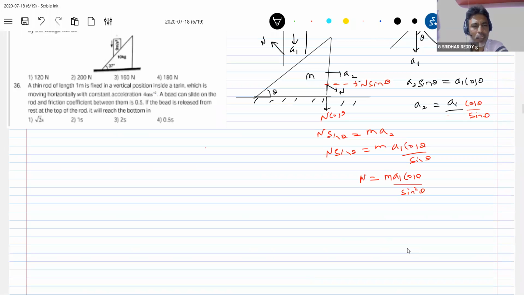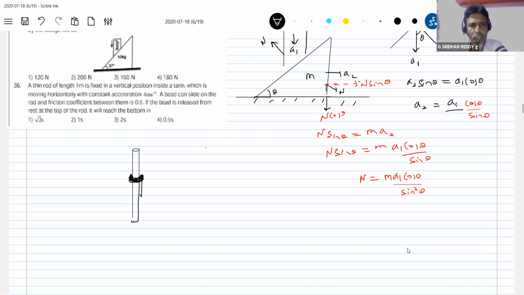What happened? Sir, what is that, sir? The train, sir. A thin rod. It's a train inside a train. So it's just a simple idea. I'll do this. So there's a bead like this.